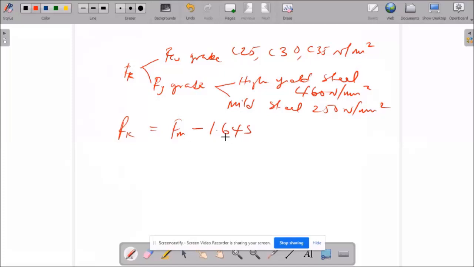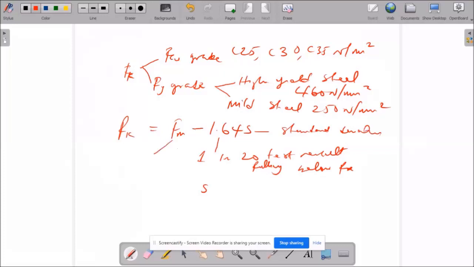This 1.64 is for 1 in 20 test results falling below FK. Then this S is the standard deviation.